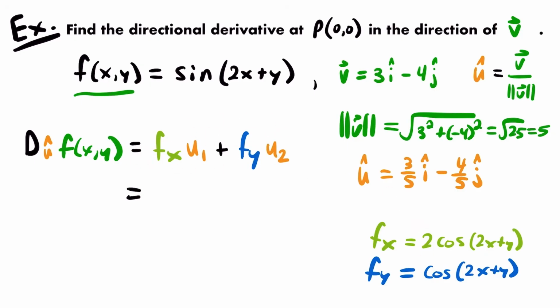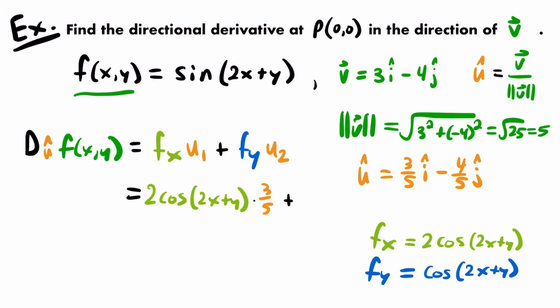Starting with fx, we have 2 times cosine of 2x plus y, and that will be multiplied by u1, the x component of the unit vector. So we multiply it by 3/5, and then that will be added to fy times u2. So you'll have cosine of 2x plus y multiplied by negative 4/5.